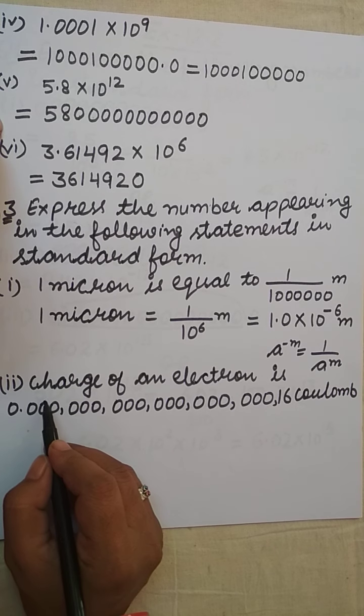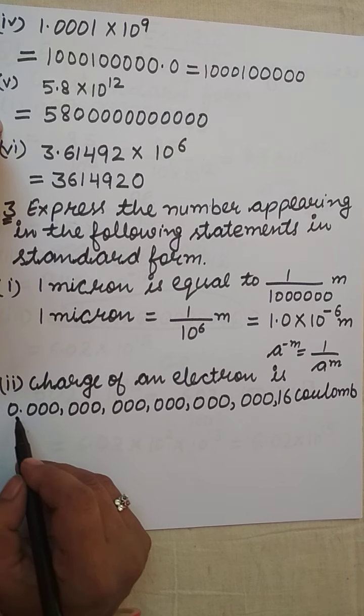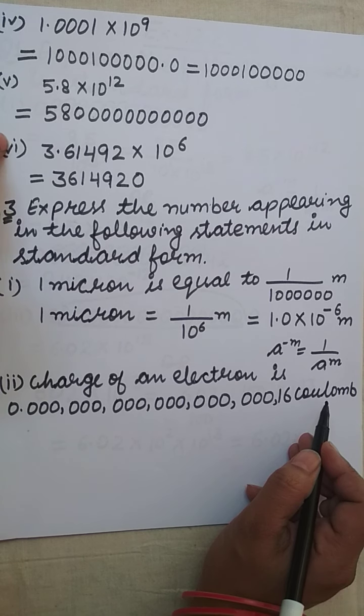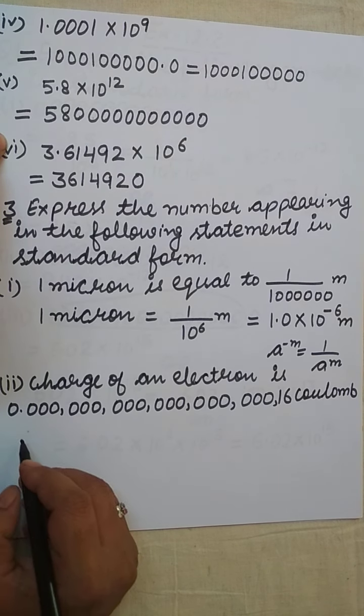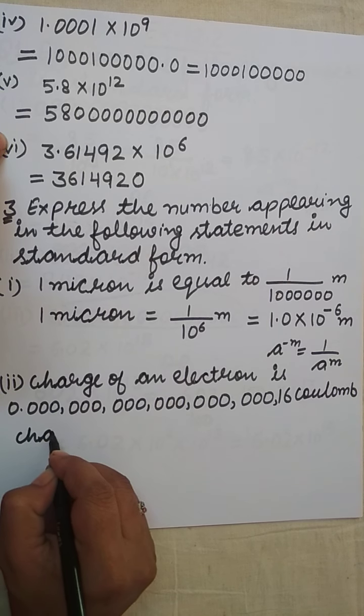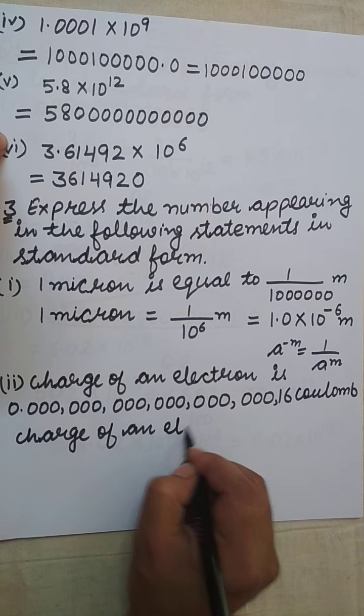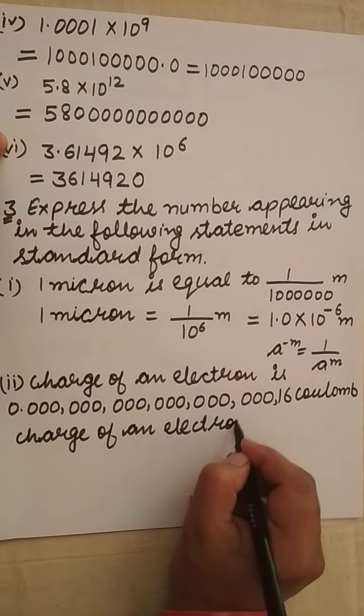Second part is charge of an electron is 0.000 zeros 16 coulomb. So we can write it as charge of an electron is equal to.